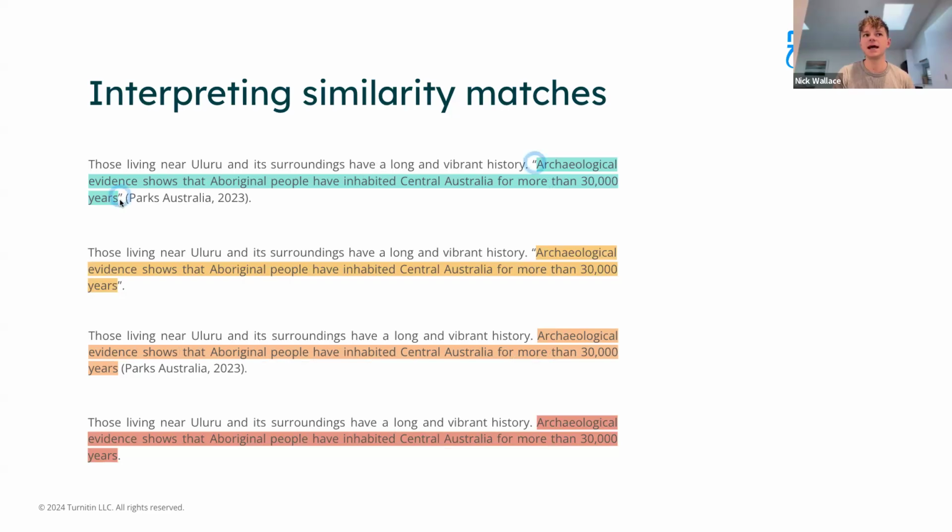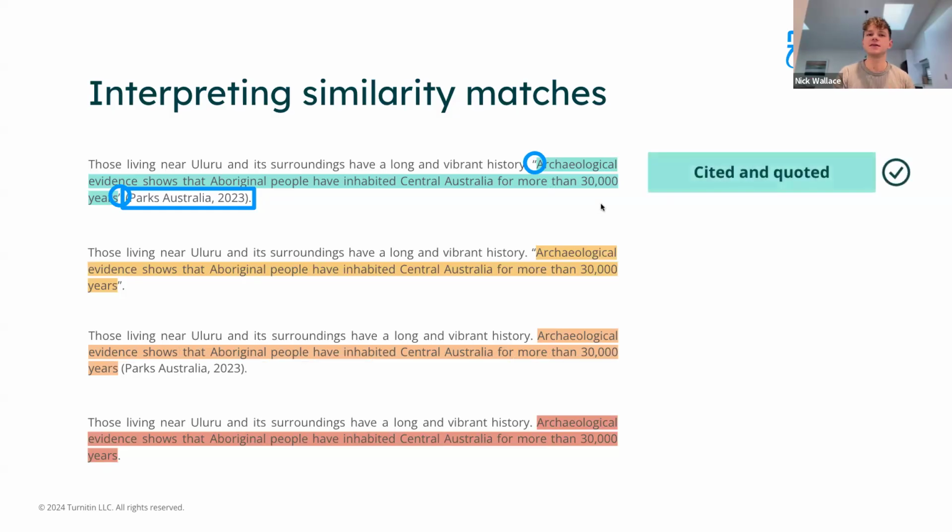However, that text is contained within quotation marks and a citation has also been provided. So while this is text similarity, this is not plagiarism because that proper acknowledgement has been provided by the student. Because that is cited and quoted correctly, there's nothing for me there to give the student some feedback on. I wouldn't have to address that and I can continue on.